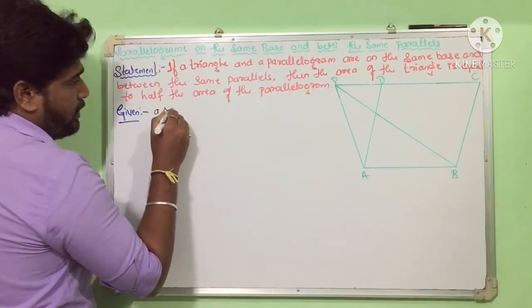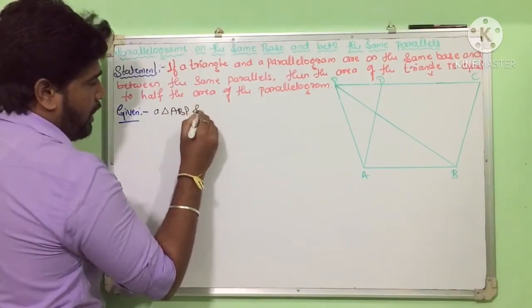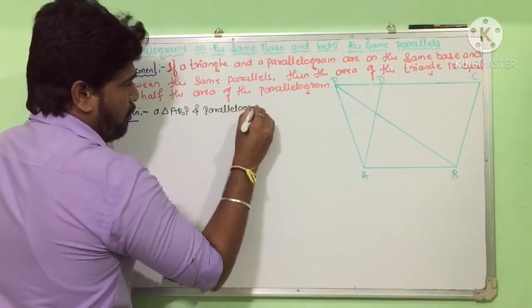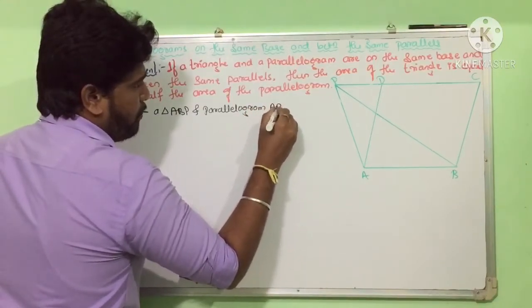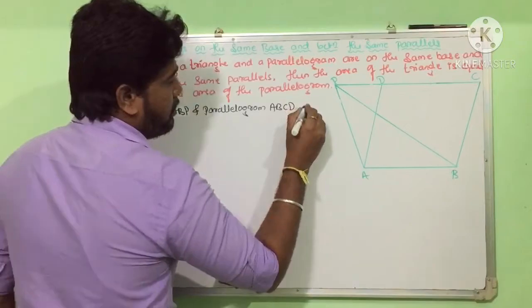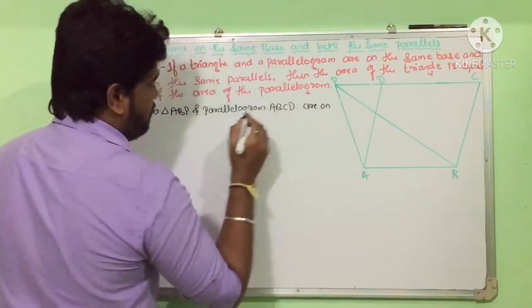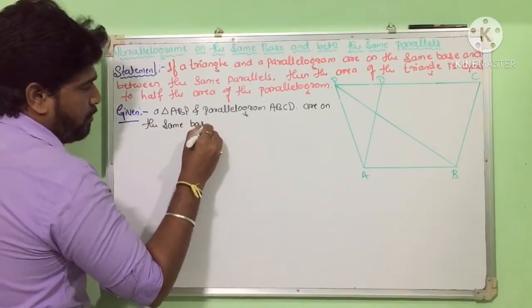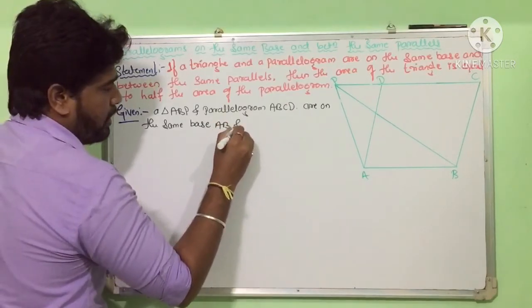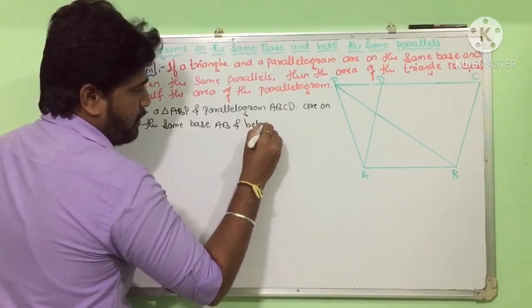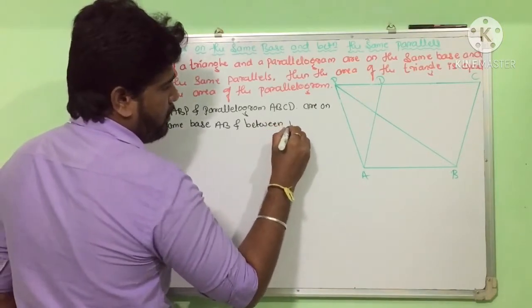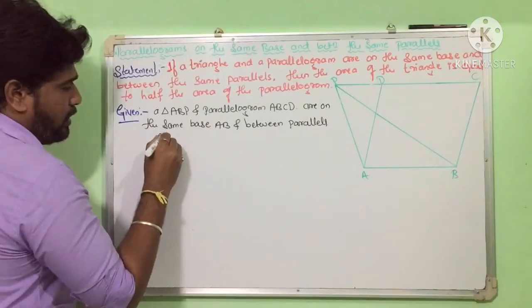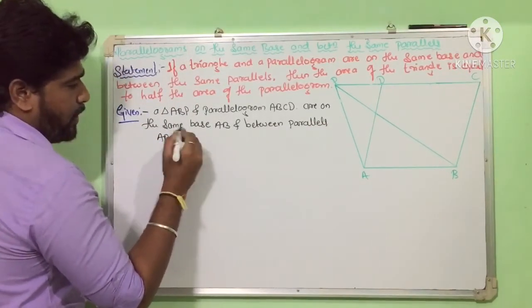A triangle ABP and parallelogram ABCD are on the same base AB and between parallels AB and PC.